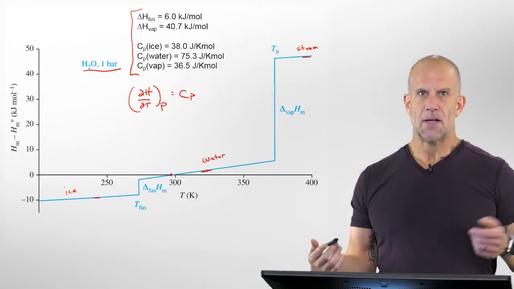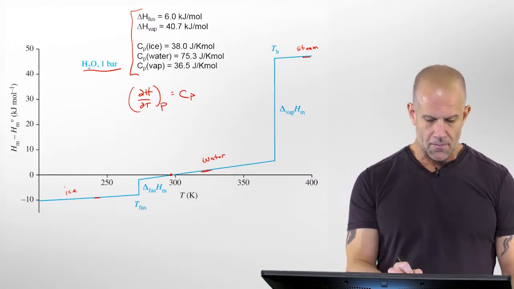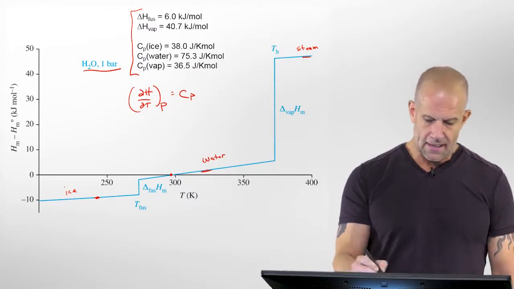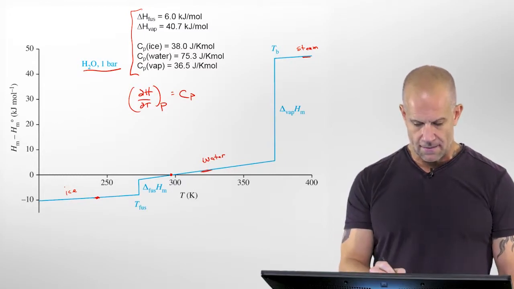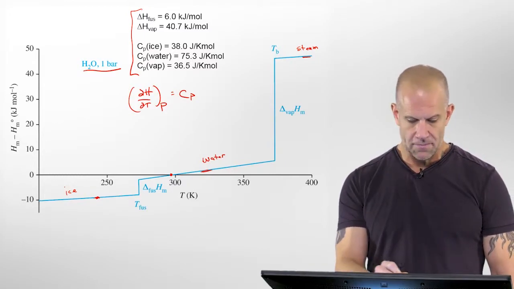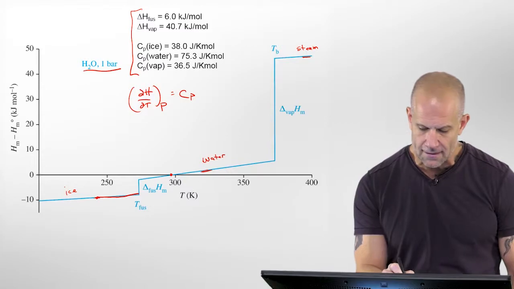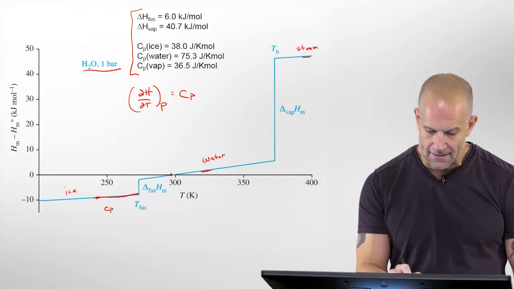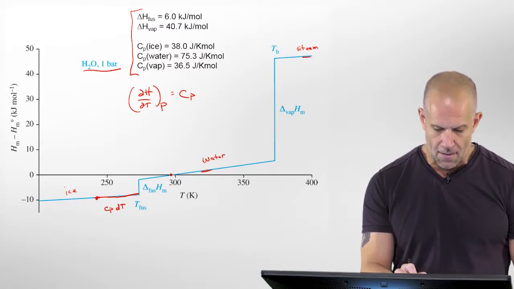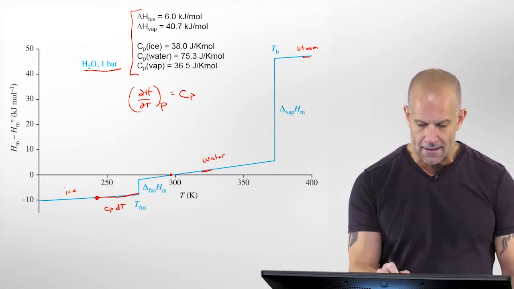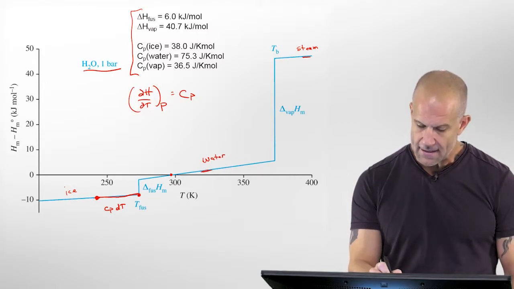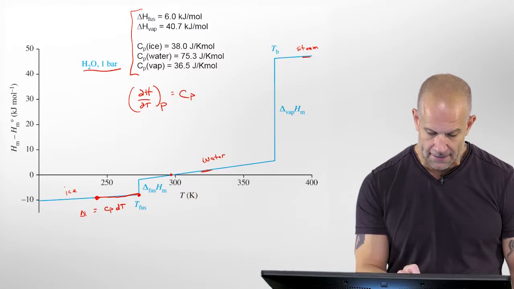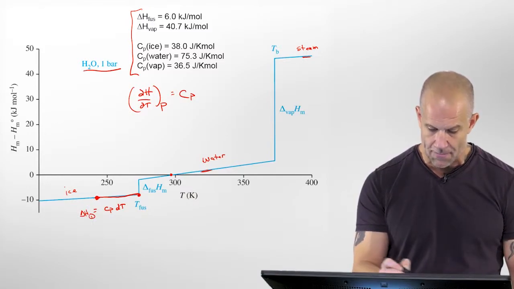For example, if you're given a problem where you're starting at ice and you're asking how much heat is required to melt ice and get it up to room temperature, you can look at that process in steps. You'll take the heat capacity times the change in temperature from, say, whatever temperature you're at to 0. That is the delta H of step 1.